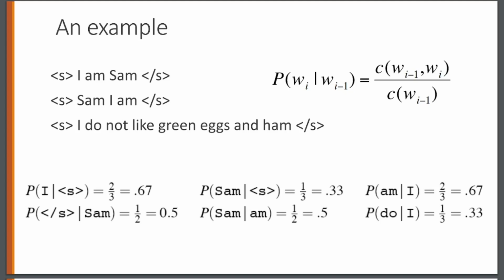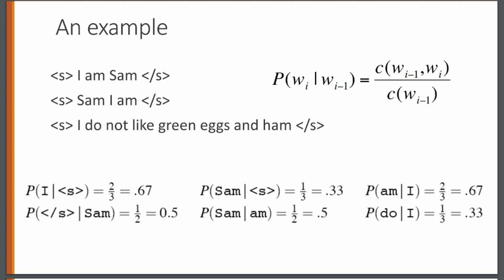Okay, so I count 2, and now I divide that by the occurrences of start sentence, which is 3. So the probability that I starts a sentence is 67%, right? Similarly, the probability that Sam starts a sentence: the specific bigram, open S, then Sam occurs once. The particular unigram, open S, occurs 3 times, right? So there's a 33% chance that Sam starts a sentence.